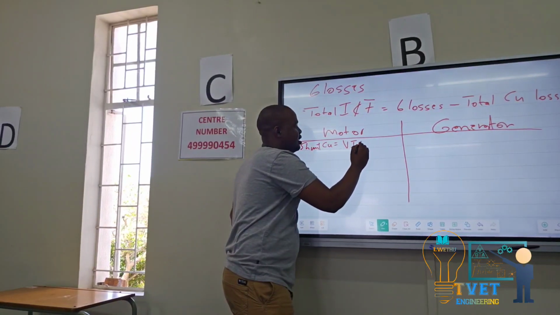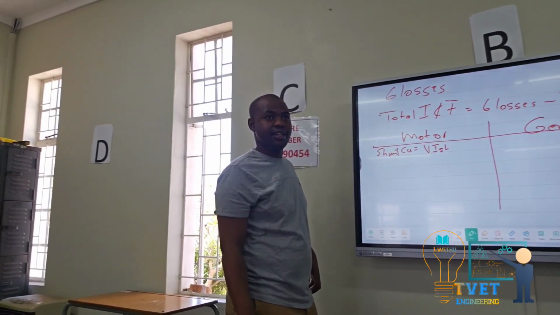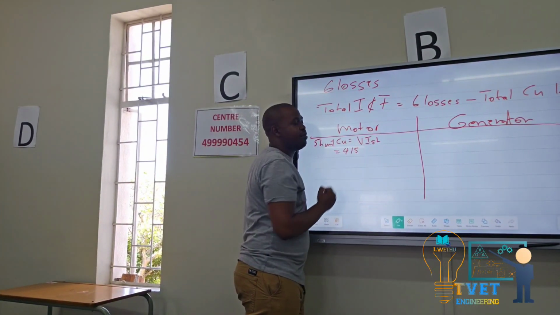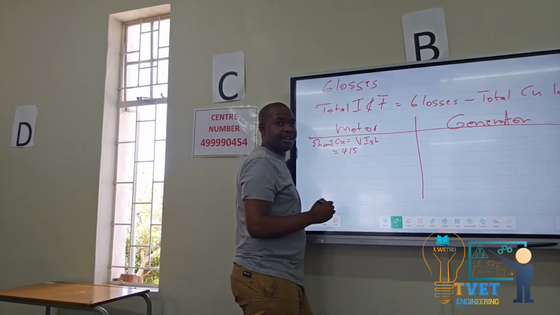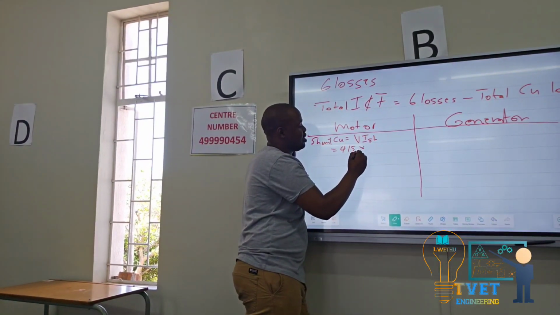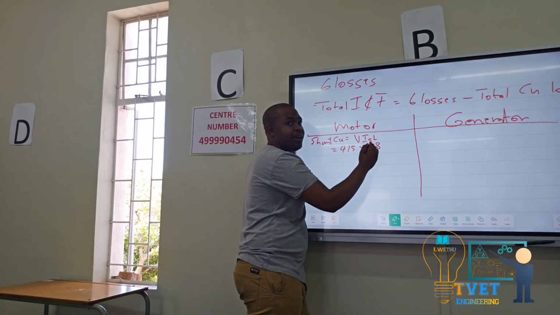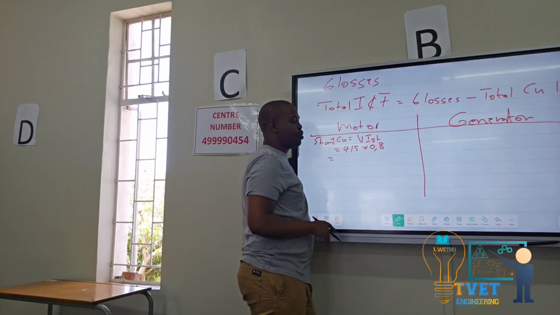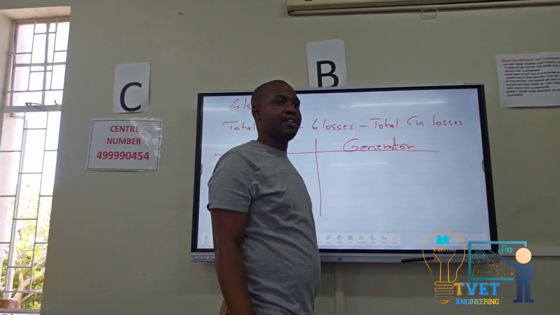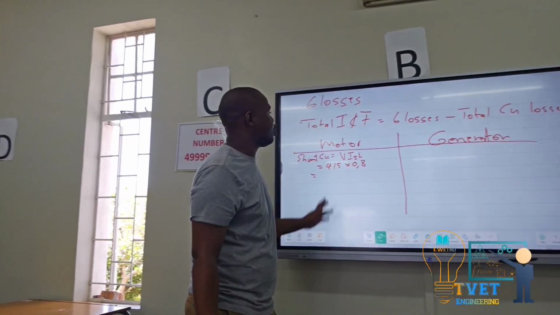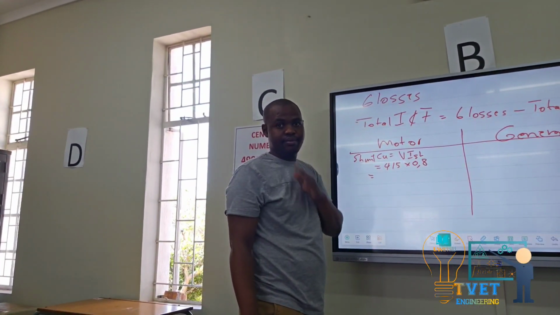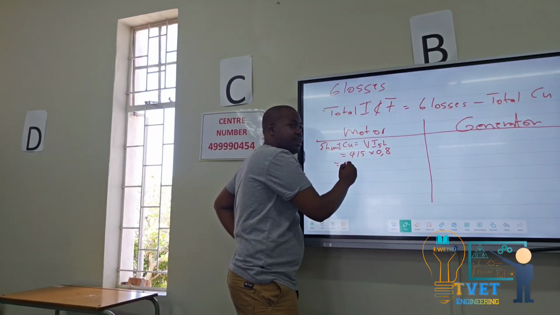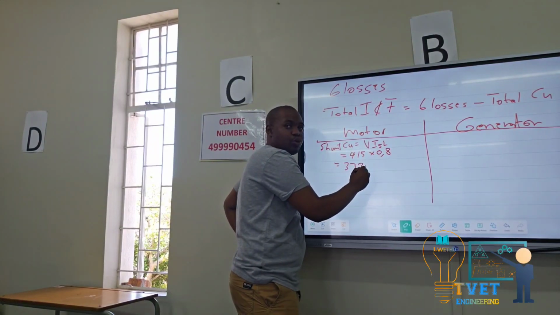The field current. Okay. What is V? 415. Then the shunt current is how much? 0.8. So the shunt copper loss of the motor is 332 watts.